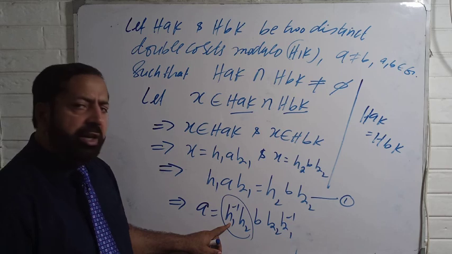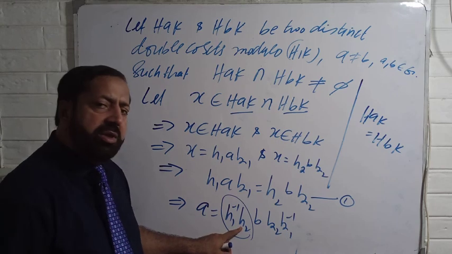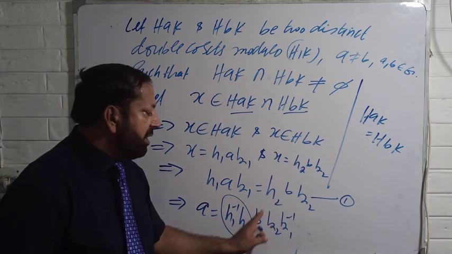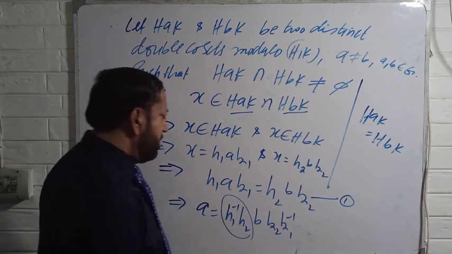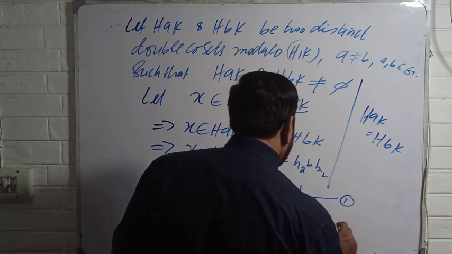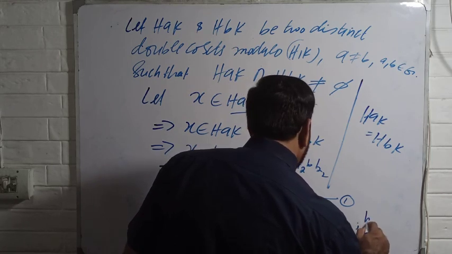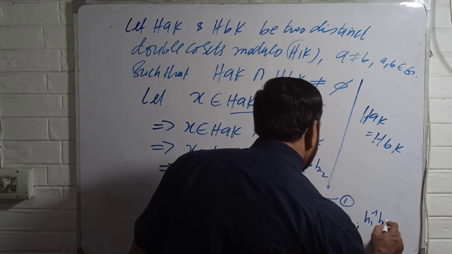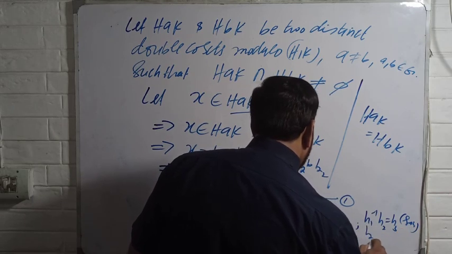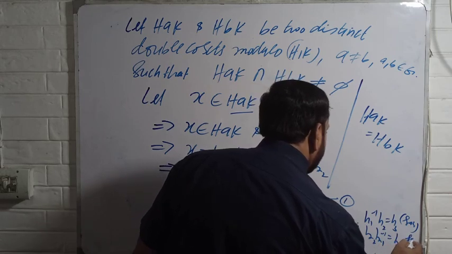For the sake of convenience, you can suppose some H3, because H1 inverse is an element of capital H, which is a subgroup, and H2 is an element of capital H, so this is an element of capital H, and this is an element of capital K. So you may assume that this is equal to H3 B K3, where H1 inverse H2 is equal to H3, say, and K2 K1 inverse is equal to K3, say.